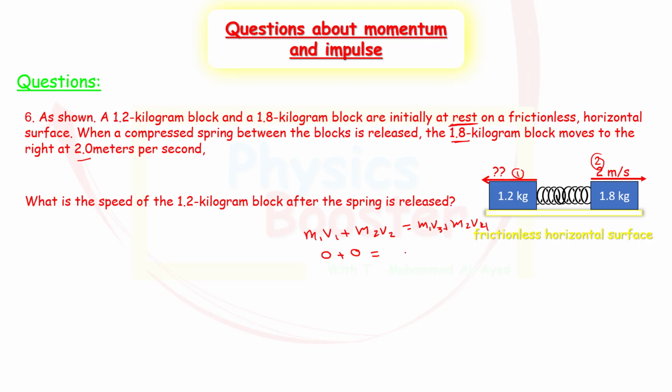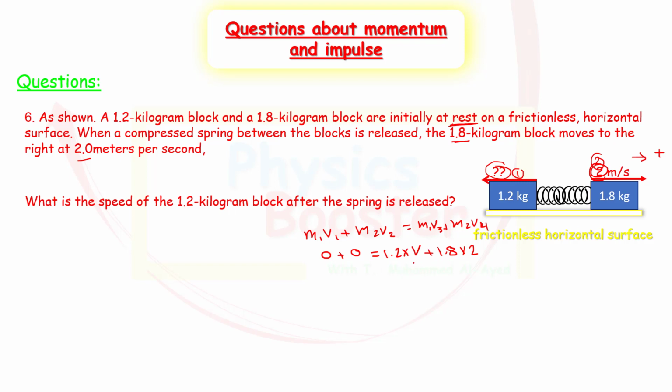Now, M1 is equal to 1.2 kilograms multiplied by the velocity, which I do not know because it's unknown, plus M2, which has a mass of 1.8 kilograms multiplied by the velocity. Now it has a velocity equal to 2 meters per second, and since it's going to the right, we can say that it is positive, so we can just simply multiply it by 2.